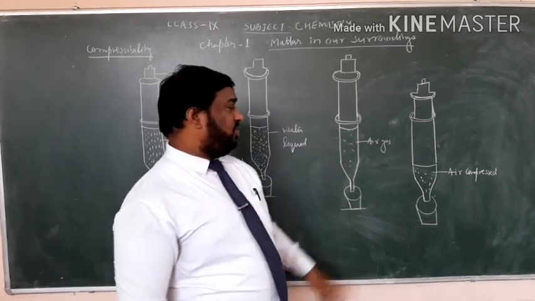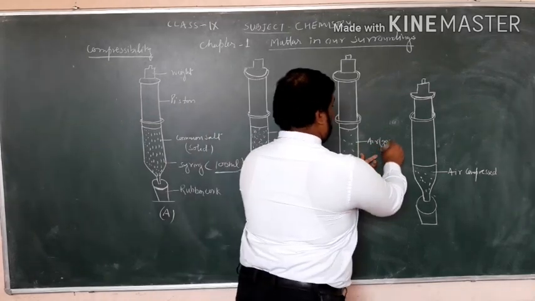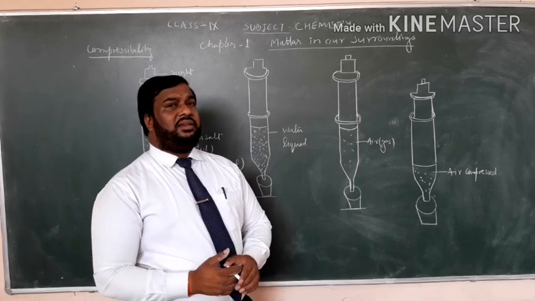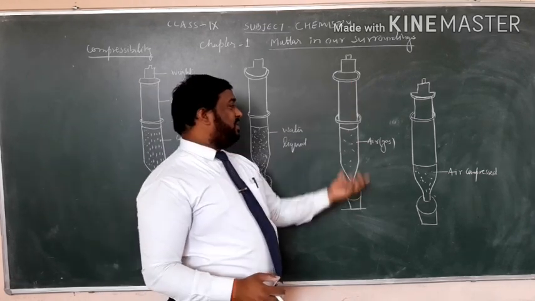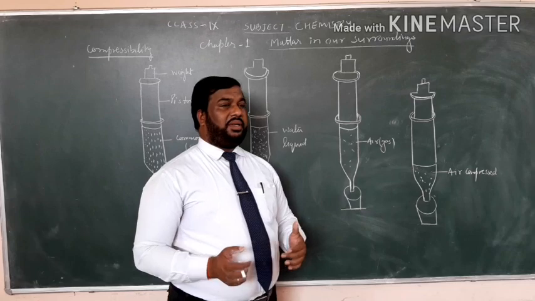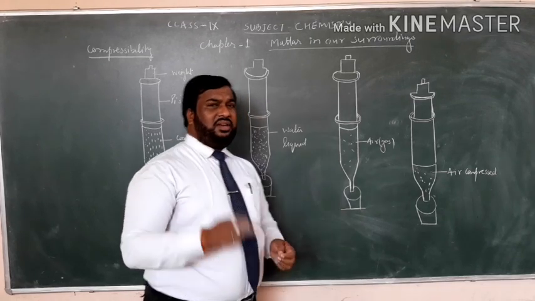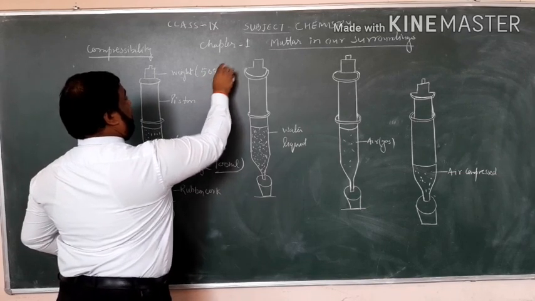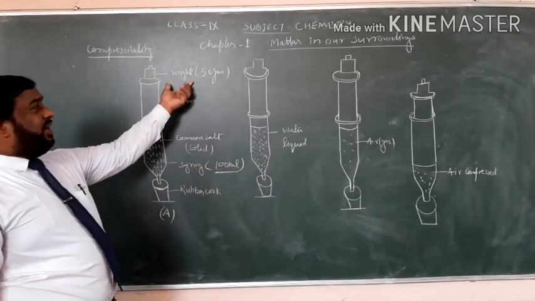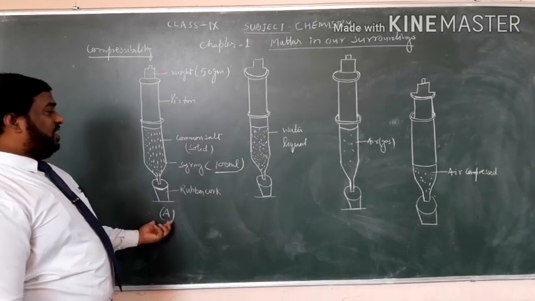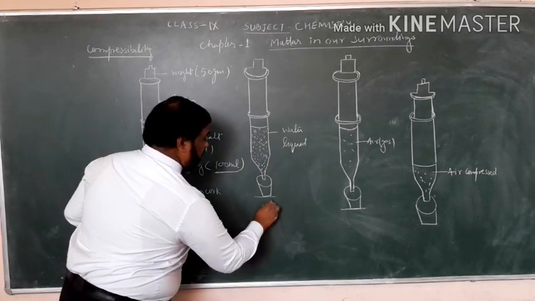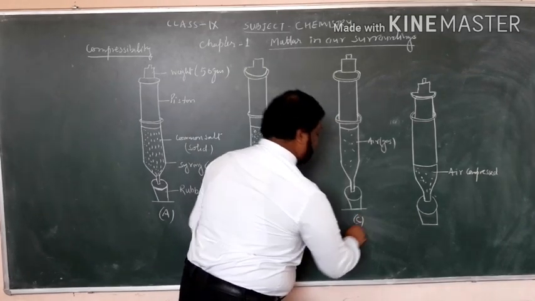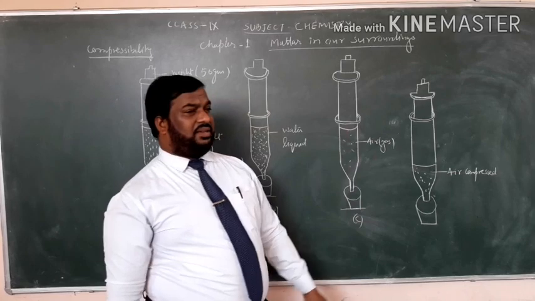Now the third one, where air, a gas, is present, we also apply Vaseline and insert the piston. So what will happen? Now, the experiment: we apply about 50 grams of weight on syringe 1, then on syringe 2, then on syringe 3. See where the gas is.